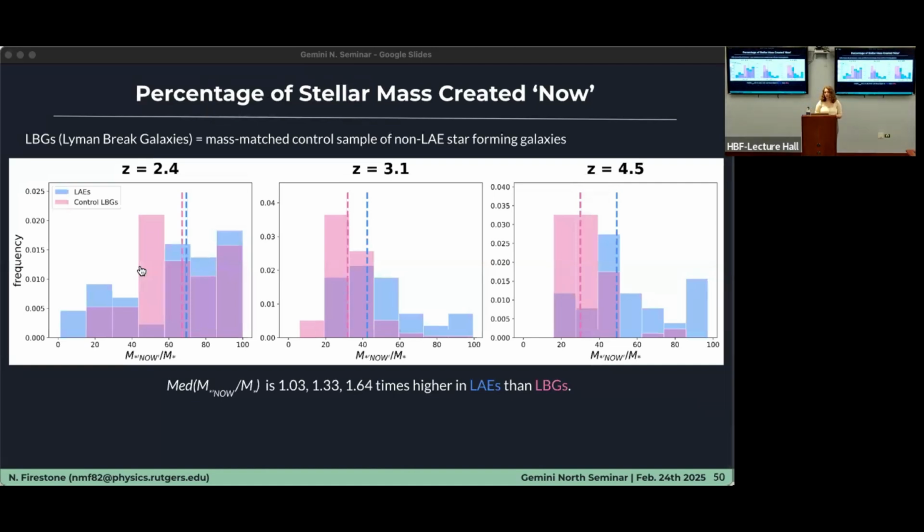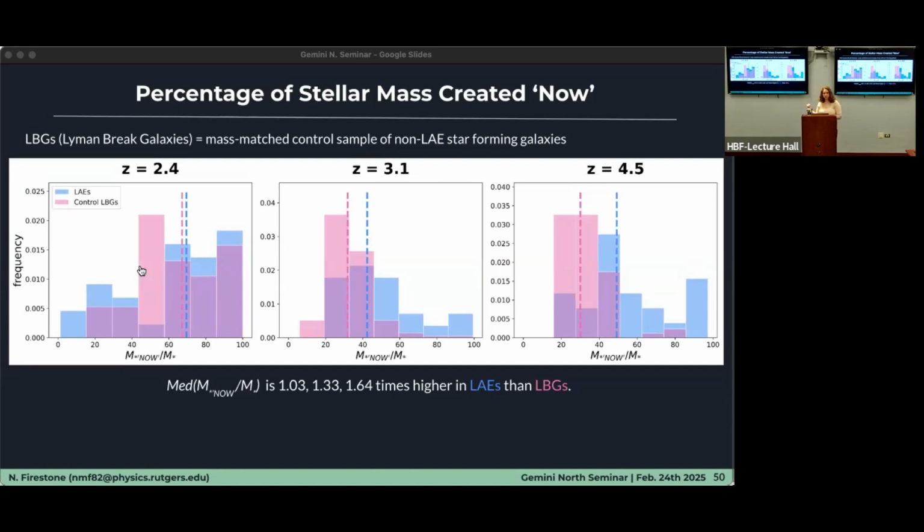We also wanted to understand the properties of our LAEs in the context of other star-forming galaxies. So to assess this, we looked at the percentage of stellar mass created at around the time of observation. So when I say that, I mean in the last 200 million years, which is roughly correspondent to the resolution that we have from the UV continuum.